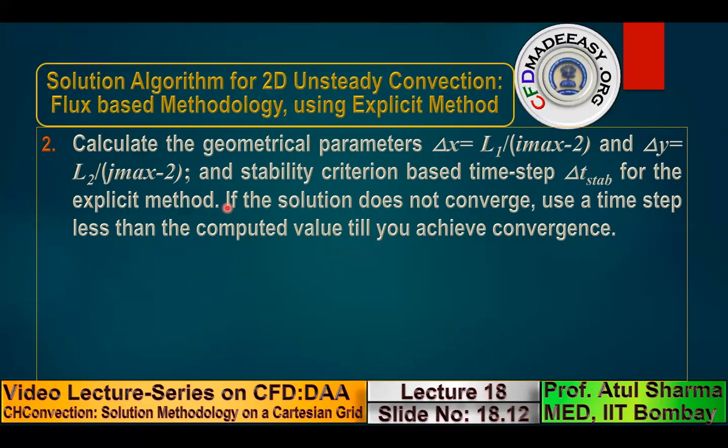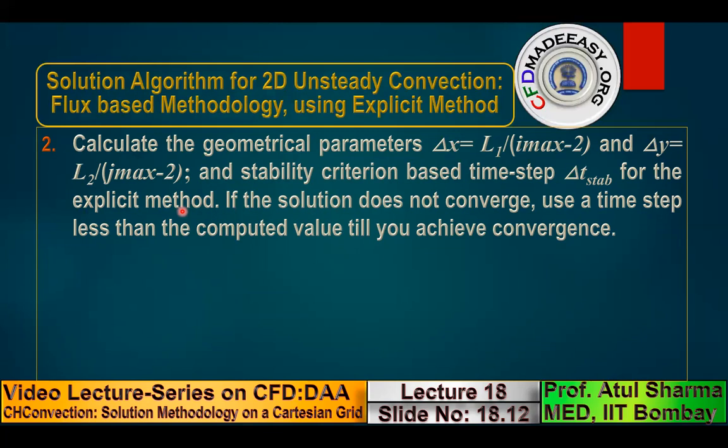We have expressions for the stability criteria delta T corresponding to pure conduction and pure advection. And so we get two delta T values, and we take the minimum of the two. So we obtain delta T using the grid Fourier number criteria that corresponds to conduction. And for advection, we apply a criteria that is called the CFL criteria. And so we get two delta T corresponding to each of those criteria, and we take the minimum of the two, and that we use here.